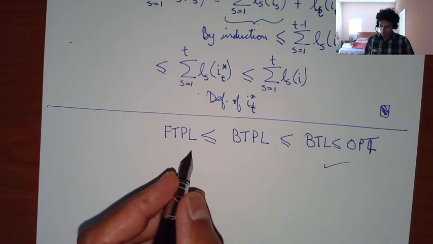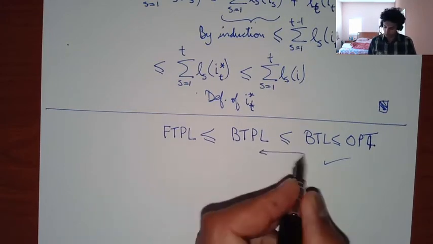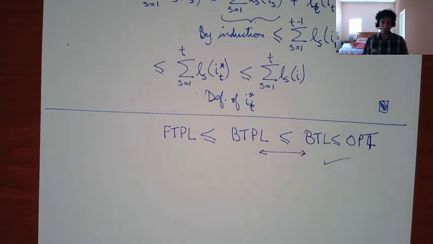Actually, let's do this part now. So we have be the leader, which we know is good. Now let's look at be the perturbed leader and see how we can compare that. Naturally, this is where some aspect of the perturbation is going to enter the picture.